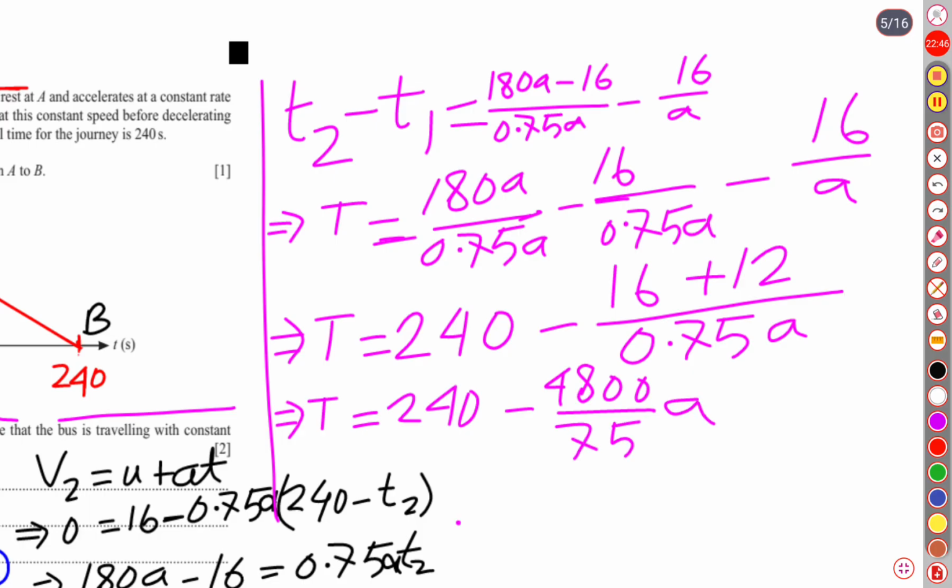Then hence our t is going to be, what is our t going to be? 240 minus, look here, by how much can we divide both the numerator and denominator maximum?